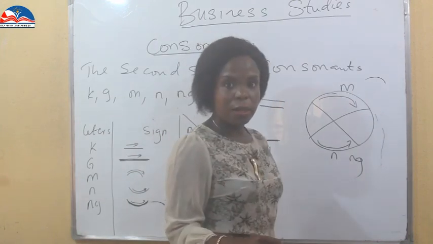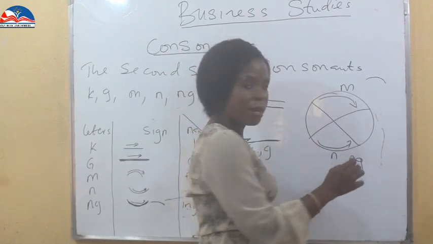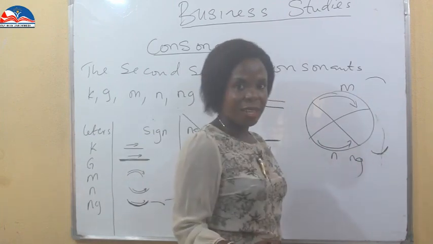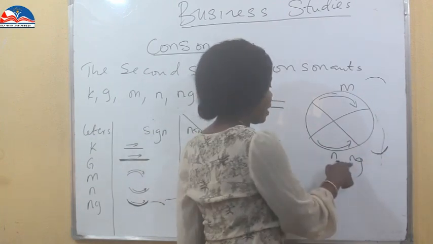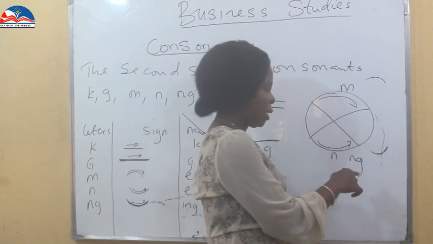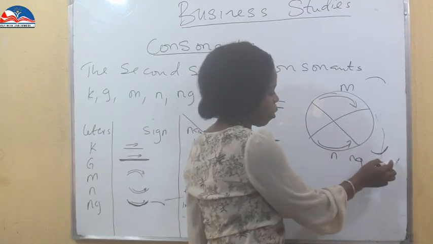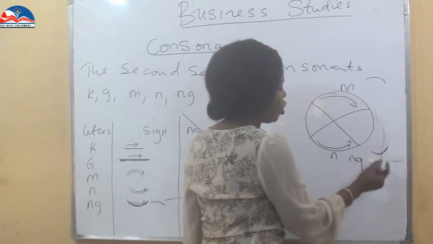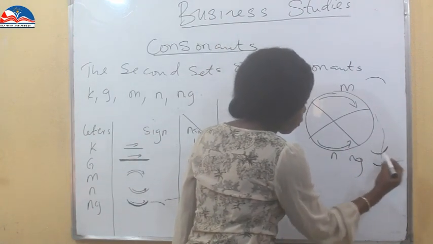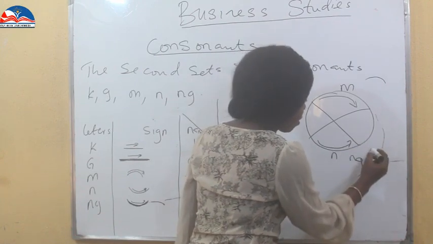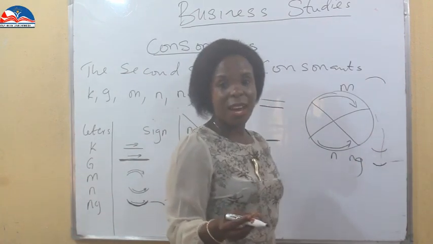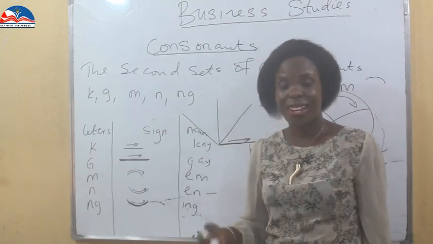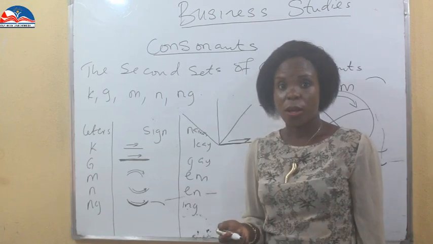The N is an upward curve. And the NG is an upward curve, but a thicker one than the N. The NG takes this thicker form, while the N takes a very light form. Remember, they are represented by heavy curve, light curve, heavy curve.